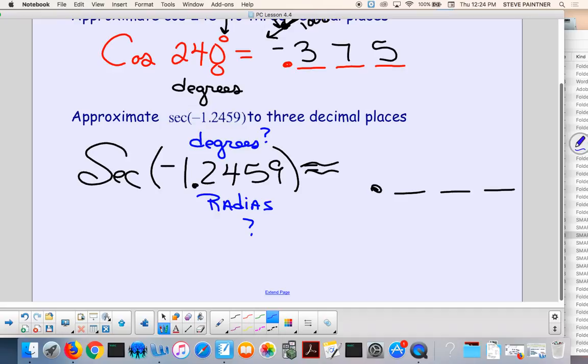You are taking secant of, this is an angle. When you take secant of a number, it's an angle. Is it degrees or is it radians? Radians. How do you know? Because there's no degree symbol. Okay, so it's not degrees, so it's radians. Get yourself in radians.